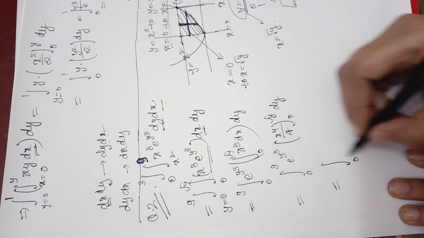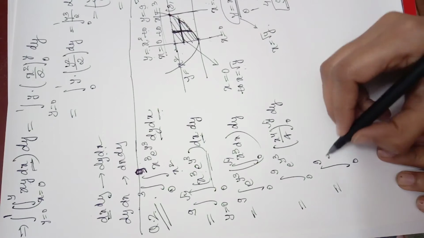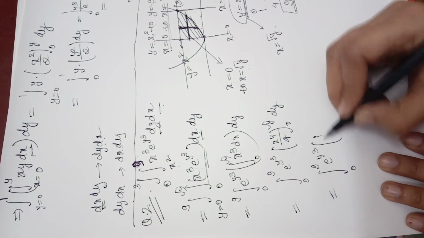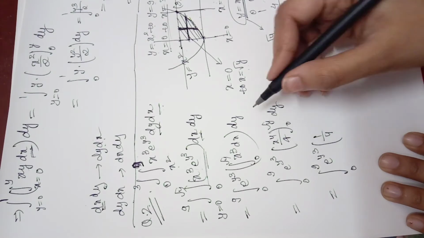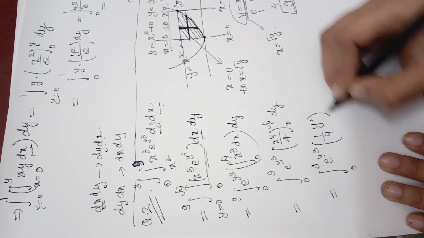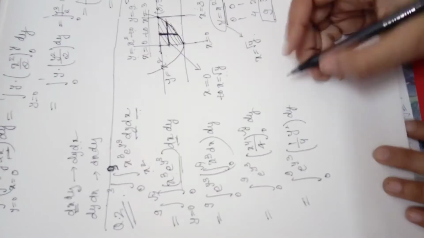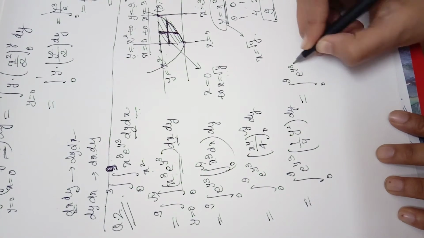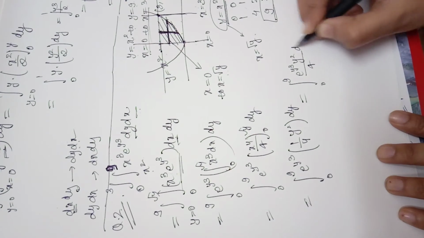Okay. 0 to 9, e to the power y cube, 1 by 4, y to the power half to the power 4 is y square dy. This becomes 0 to 9, e to the power y cube, y square by 4 dy.